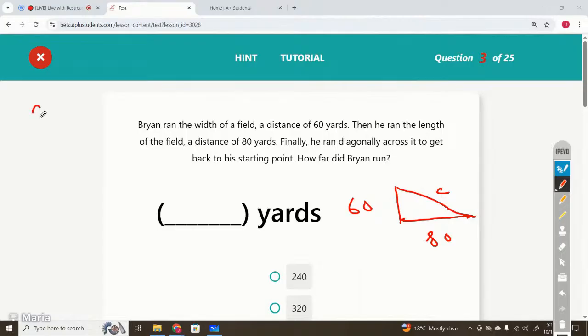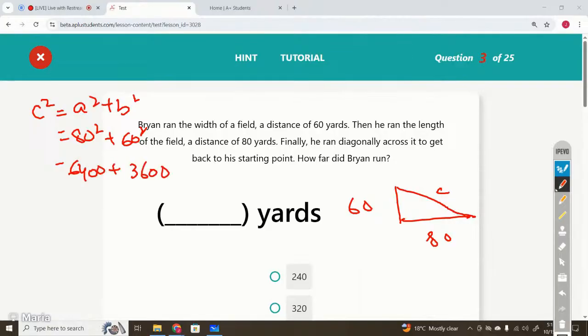So we need to evaluate c, that is c square equals a square plus b square, that is 80 square plus 60 square. 80 square is 6400 and 60 square is 3600.